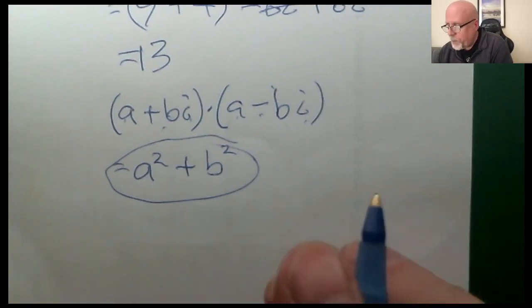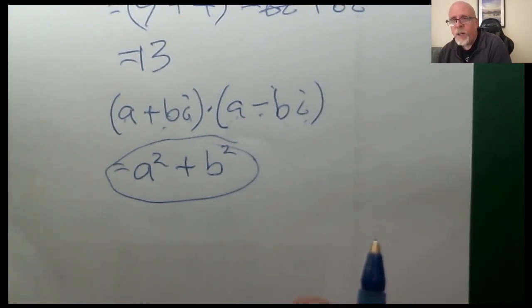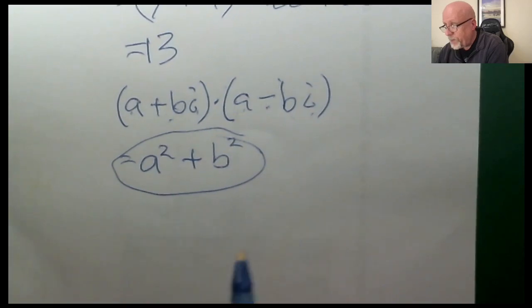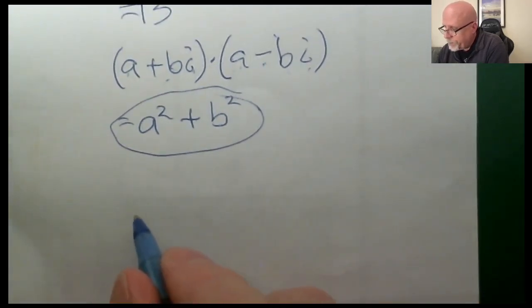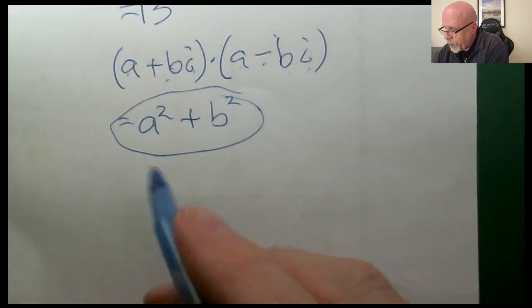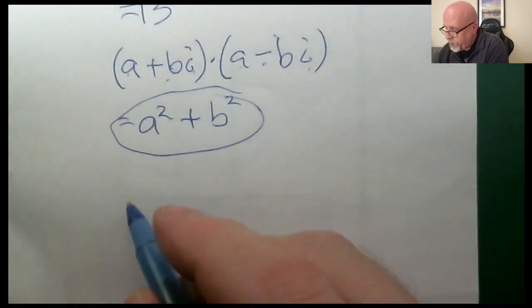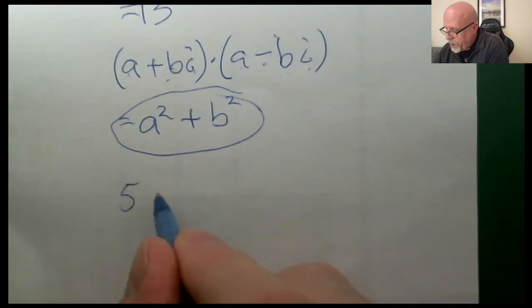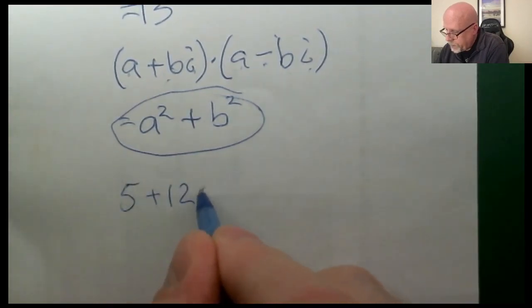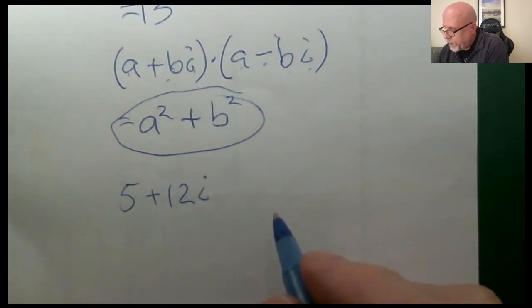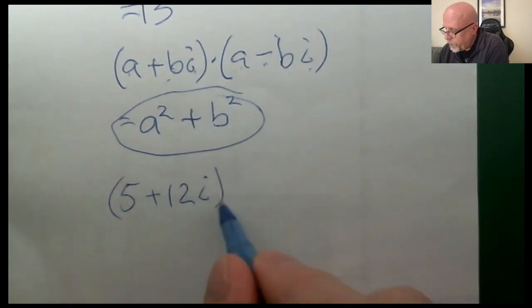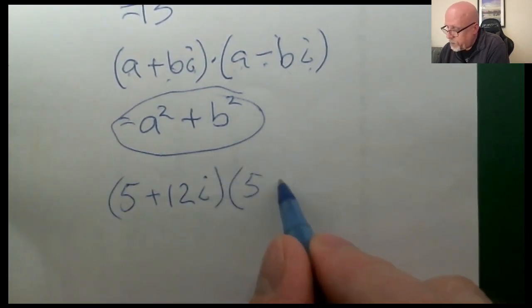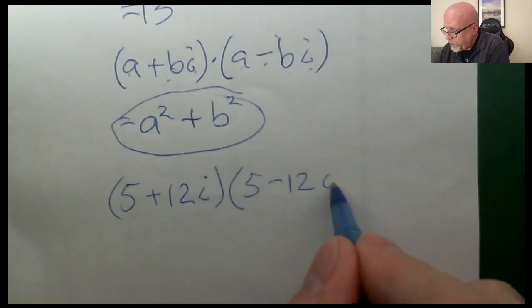You can look at a complex number and say right away what is the product you get when you multiply by its conjugate. Like if I want to do something different from the one we had up above, how about if we did 5 plus 12i? I don't have to do much work to see what's going to happen with that. It seems like it's a little bit of work, but it's really not.